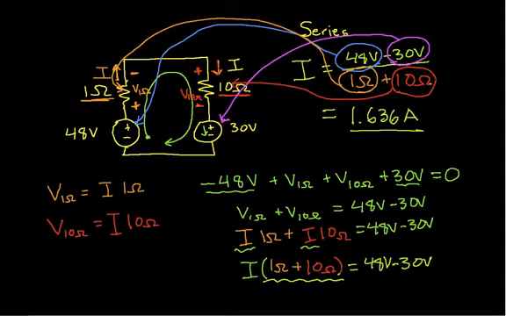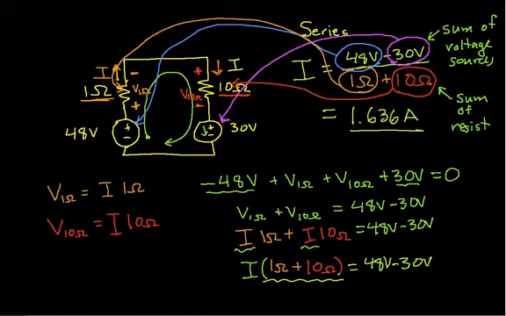So what I actually have here is, on the top, the algebraic sum of the voltage sources, and on the bottom, the sum of the resistors, or actually the sum of the resistances. This is a pattern that you'll see generally in single loop circuits.